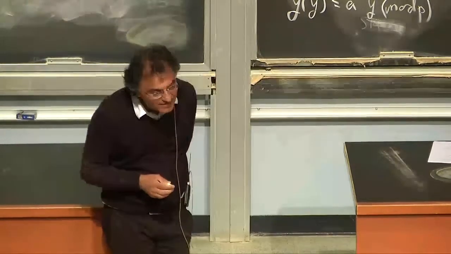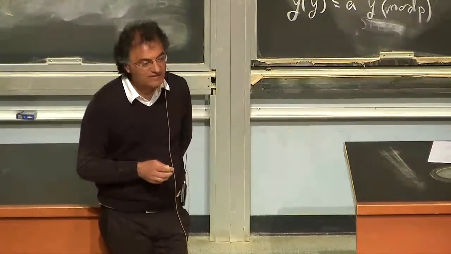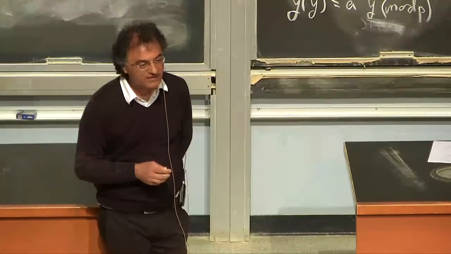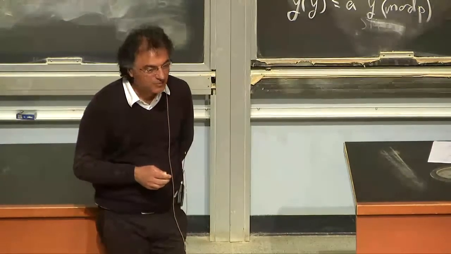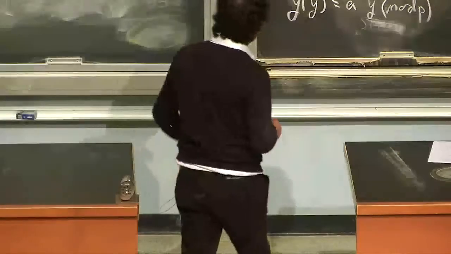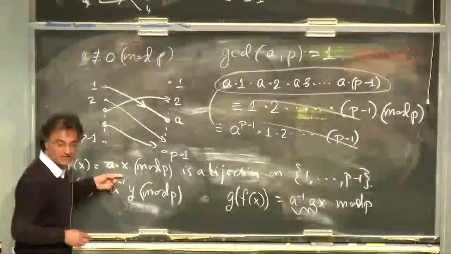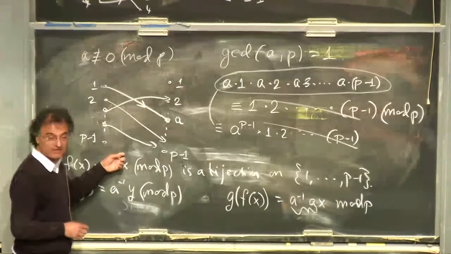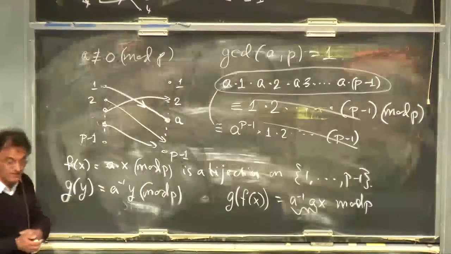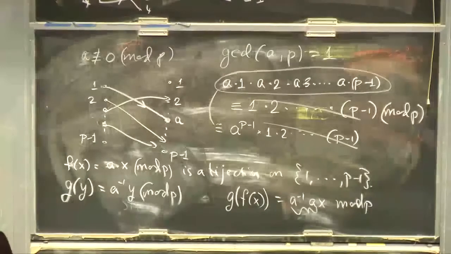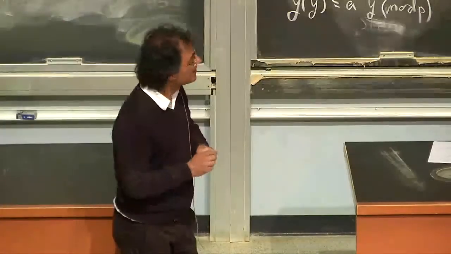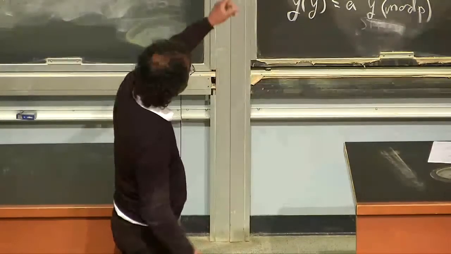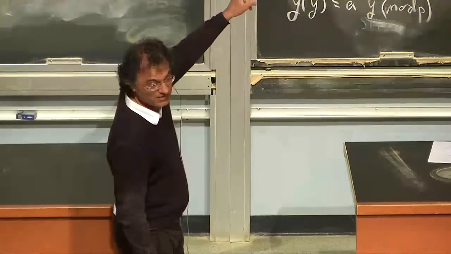Why do you define f of x equals a times x, rather than a to the power of x? Why did we define a times x rather than a to the power of x? The theorem is a raised to the power of p minus 1.